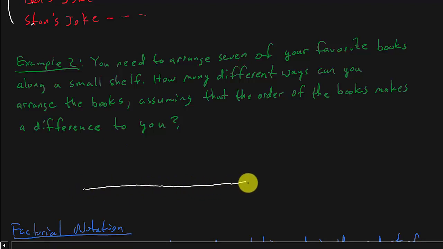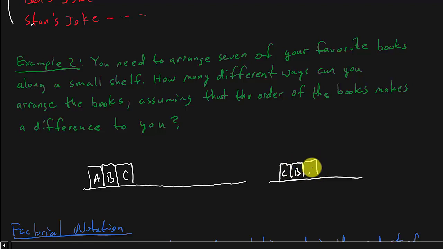Think about it: if you have a shelf and, let's just use 3 books, book A, B, and C, that's an arrangement. But what if I arrange them like this? It's the same books, but isn't it a different arrangement? You see the order made a difference there, because this arrangement is different than this one.